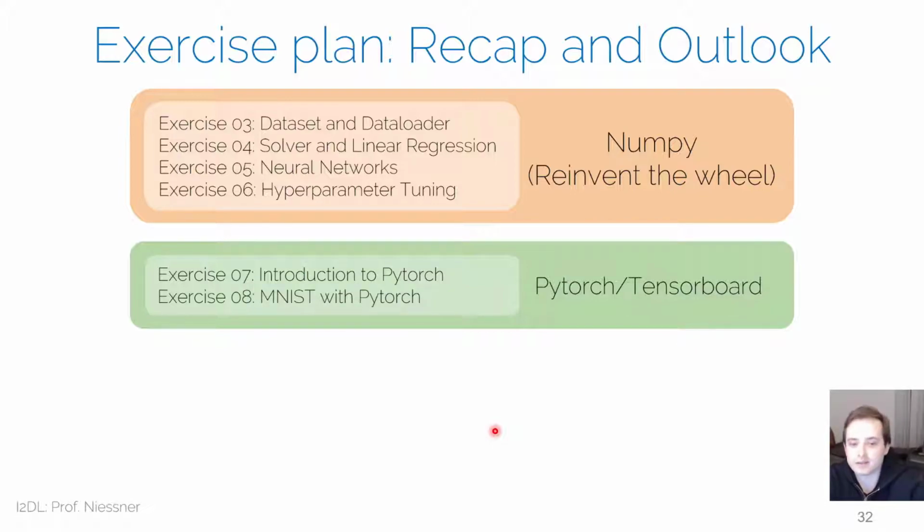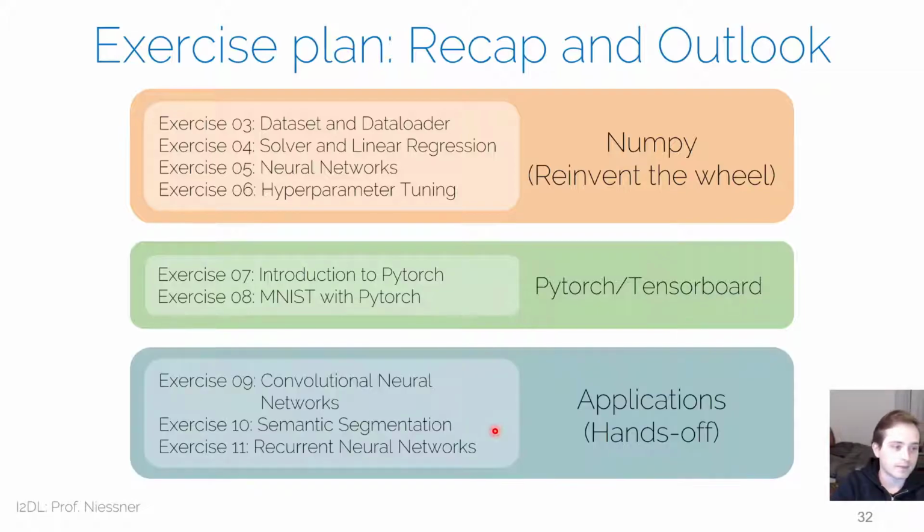So exercise 7 will actually not be a submission, so you could call it optional. This is basically a notebook for you to get to know PyTorch and PyTorch Lightning. It is, of course, necessary to do for exercise 8 because exercise 8 uses PyTorch. After exercise 8, the last 3 exercises are about applications of neural networks.